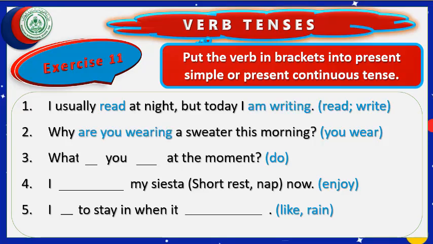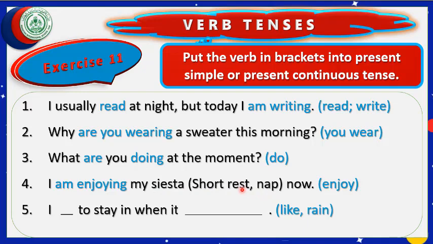Why are you wearing a sweater this morning? What are you doing at the moment? When we want to use this do, we shall use it like this. Next sentence is, I am enjoying my siesta. Siesta means short rest or nap.